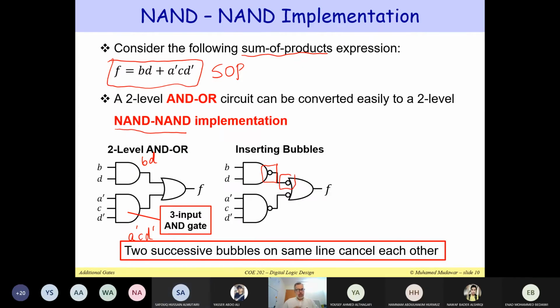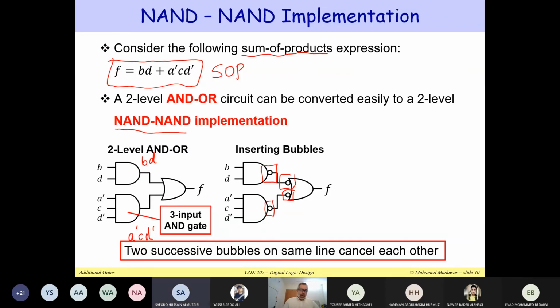Having 2 bubbles on the same wire is like having 2 inverters, one after the other, and they will cancel each other. So every time you insert a bubble at the output of an AND gate, you have to insert another bubble on the same wire.